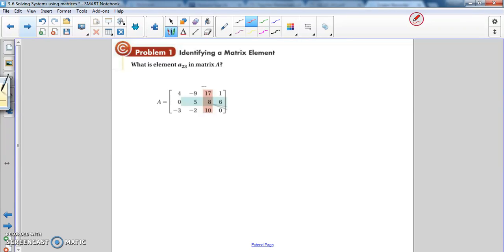So the first type of problem is identifying a matrix element. We want to find the element A23 in matrix A. So we're going to the second row, third column.